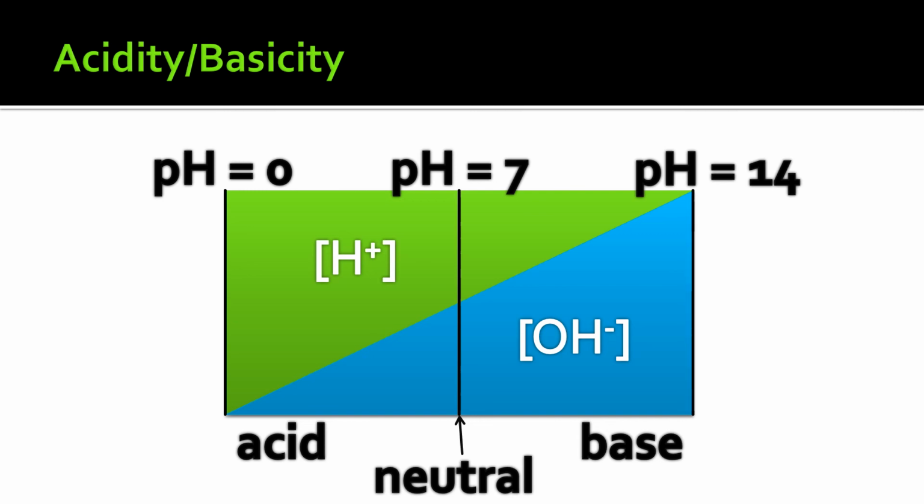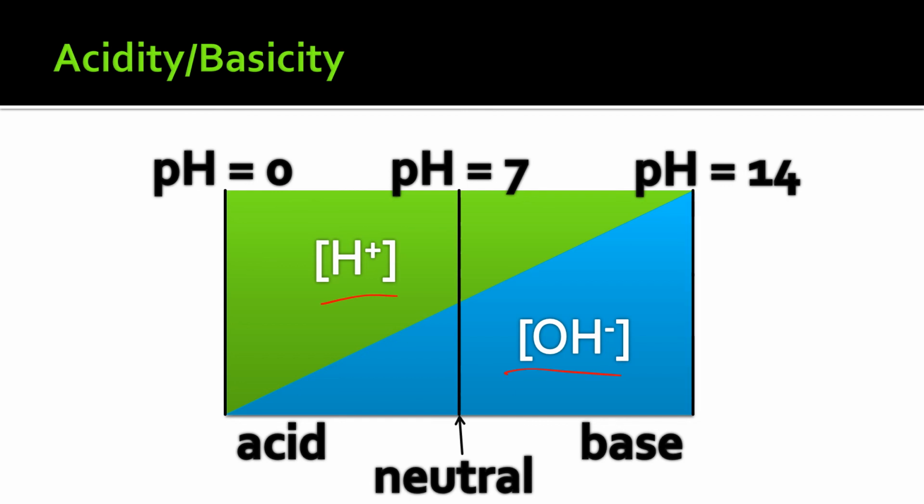Be sure to label the region between 0 and 7 as acid, between 7 and 14, base. And in the middle, y'all, neutral. Be sure to label this. This is not included in your graphic.